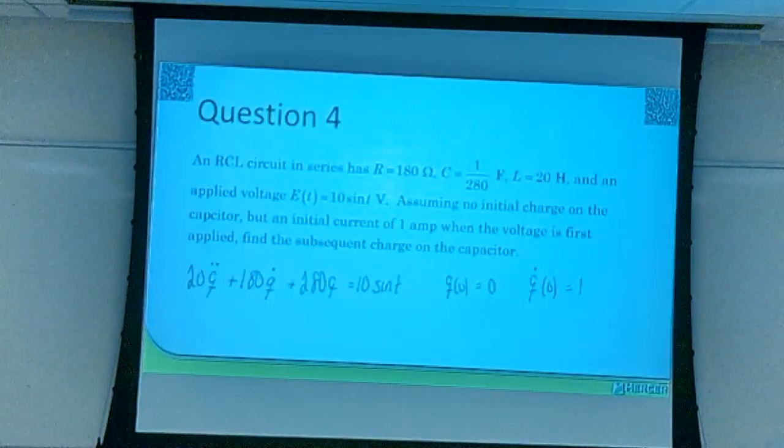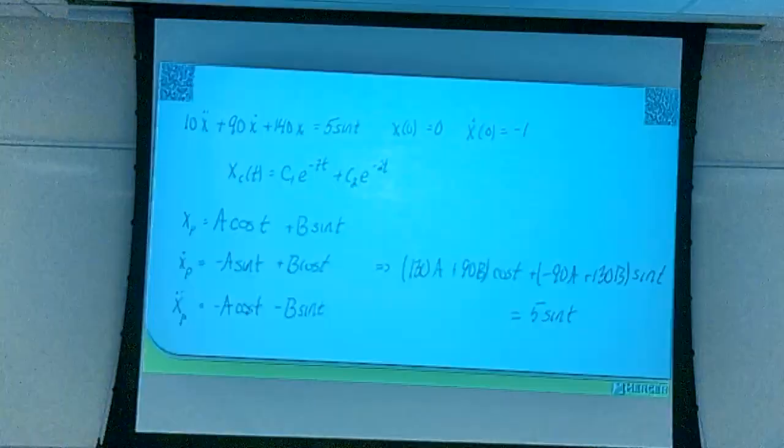By the way, if you divide that by 2, just replace X with Q. Oh, that's nice.